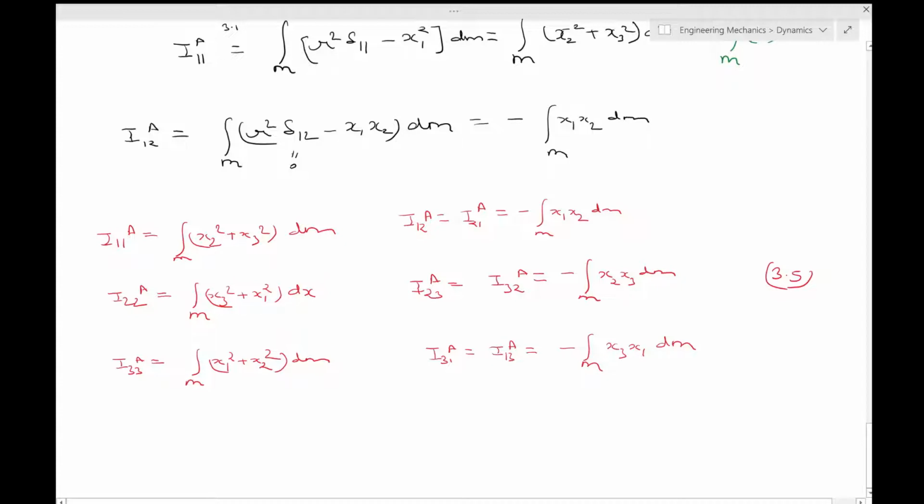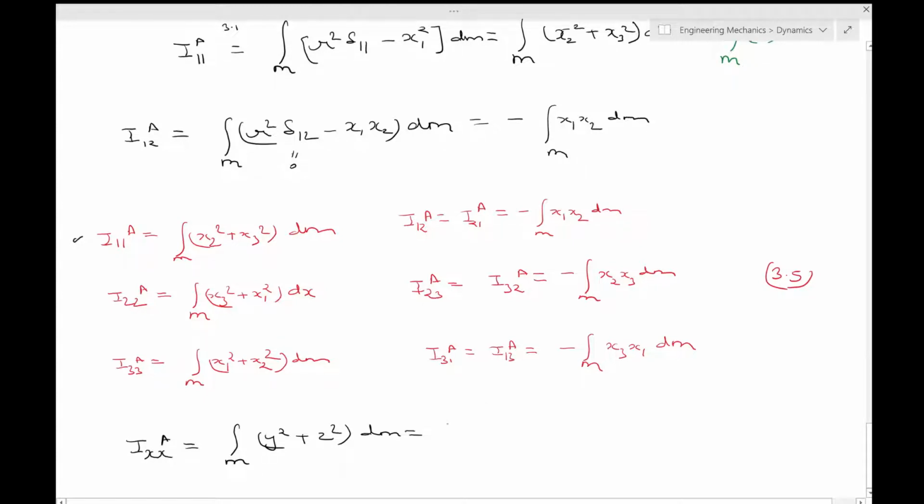Okay, so 1, if you remember, is the E1 direction, 2 is the E2 direction, and so on. So you can write this in x and y format also. So Ixx will be, I'm just taking this one, the integral of m (x2 is y, x3 is z) dm.